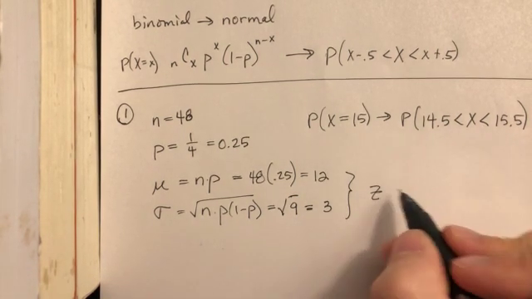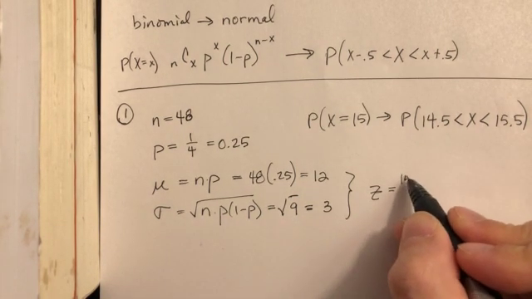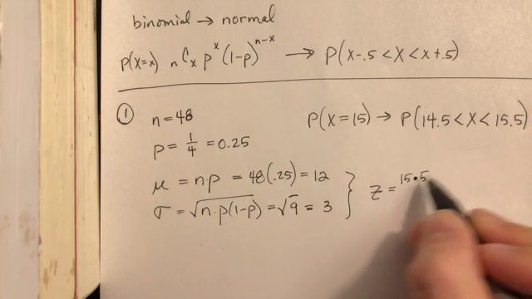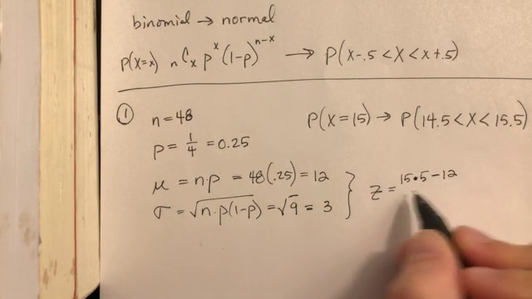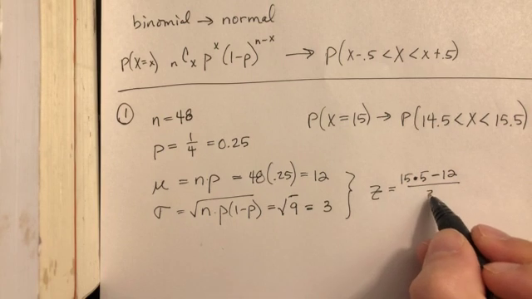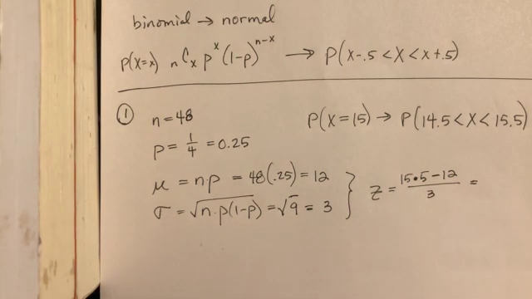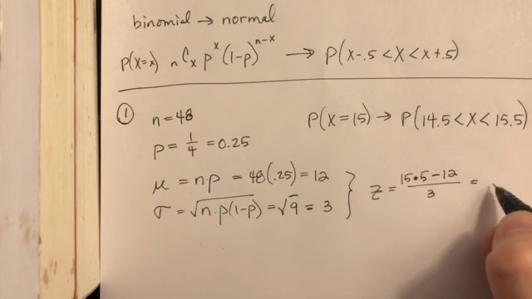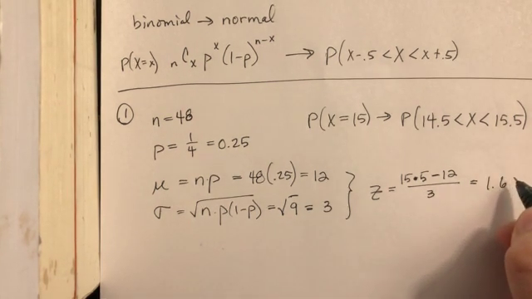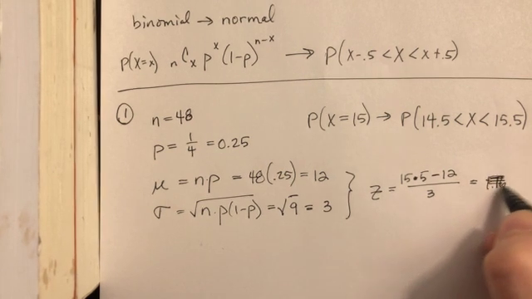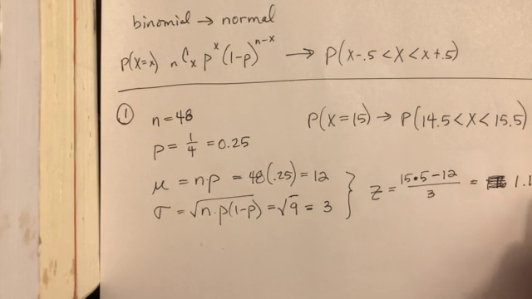Now, there are two of them to find. One of them is 15.5 minus the mu, 12, over the sigma, which is 3. So 15.5 minus 12, divided by 3, is 1.167, which rounds to 1.17.